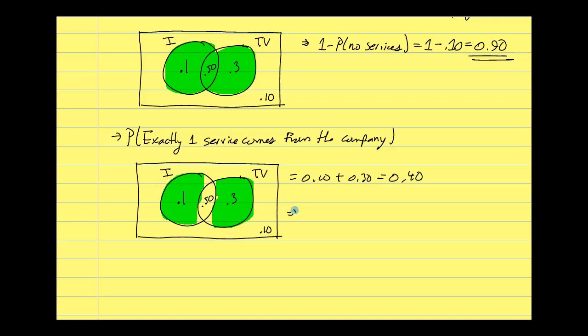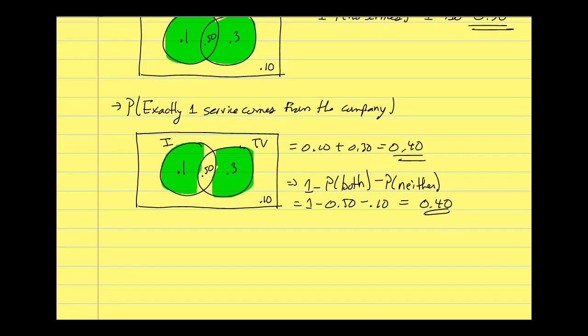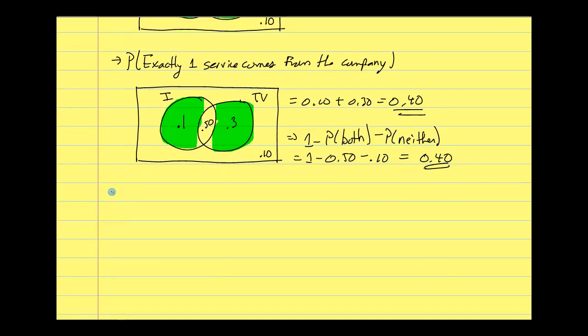Another way to write that would be 1 minus the probability of both services, this little wedge in the middle, minus the probability that neither of the services comes from this company. In this case, that would be 1 minus 0.5 minus 0.1, which is 0.40. So there's a lot of different ways to look at these different statements and these different probabilities, and a Venn diagram really helps to kind of bring that out.